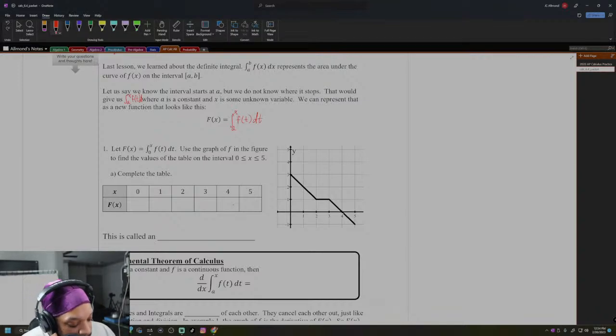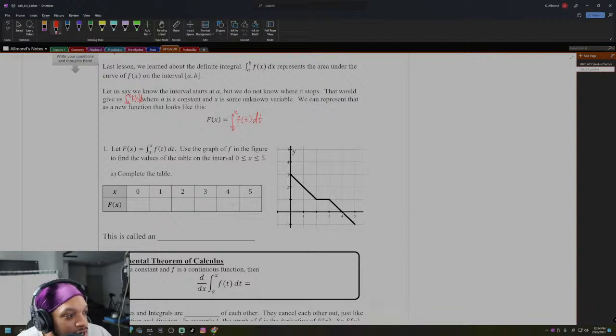Let capital F of x be the integral from 0 to x. Use the graph of f. It's important too because you know how sometimes they'll give you the graph of f or they'll give you the graph of like f prime, you know what I'm saying? So you got to pay attention to what they give you. So this is the graph of lowercase f from 0 to 5.